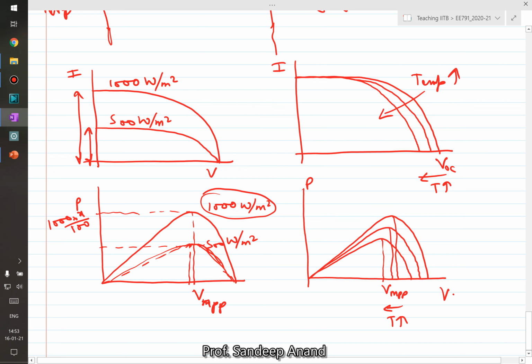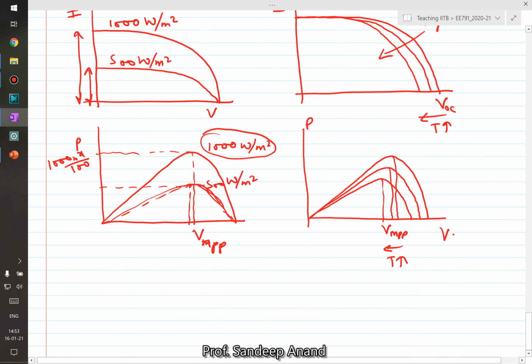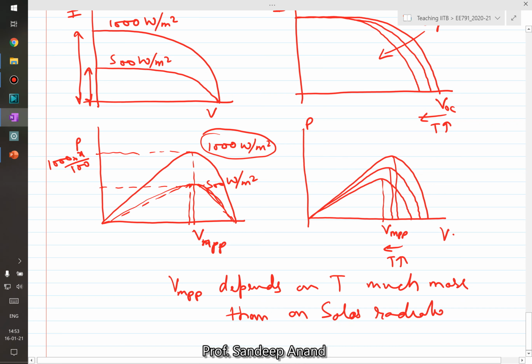Therefore MPP voltage depends on the open circuit voltage, or on the temperature, much more than it depends on the solar radiation. You can keep a note of it. This will come in handy when we talk about maximum power point tracking algorithms and so on.